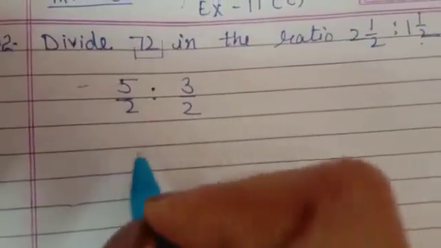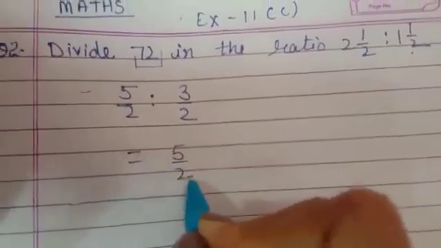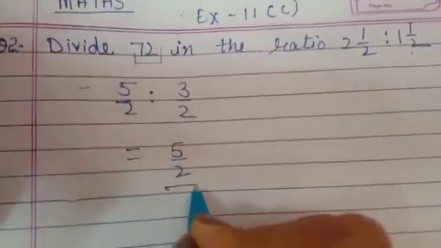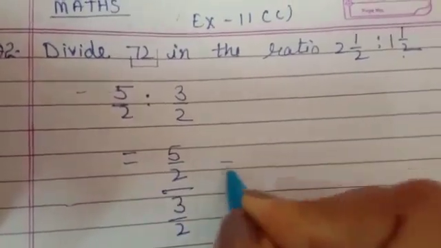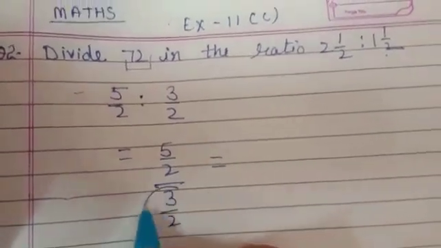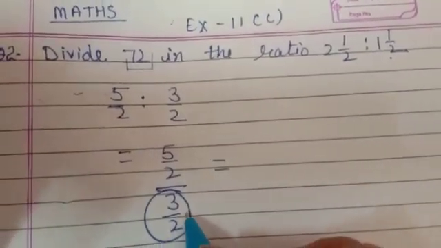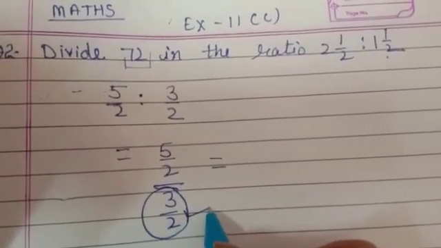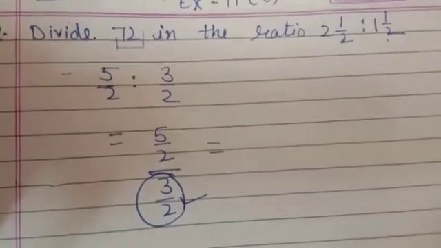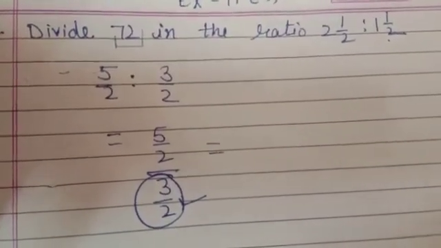Now how to solve it? Write it like 5 over 2. Ratio means division, over 3 over 2. When we have a fraction over a fraction, the lower fraction, the denominator, takes its reciprocal and it changes into multiplication.